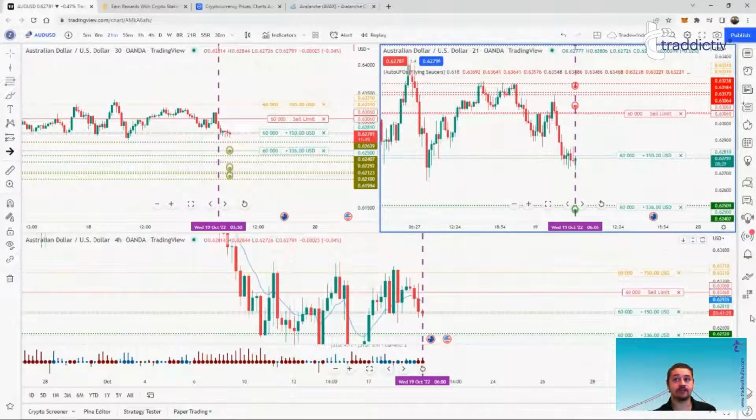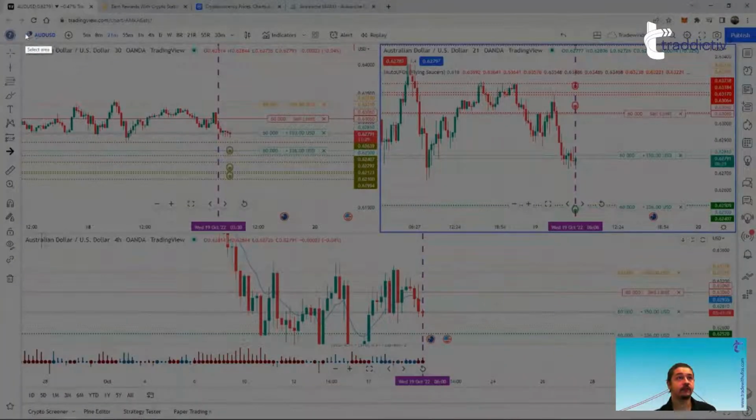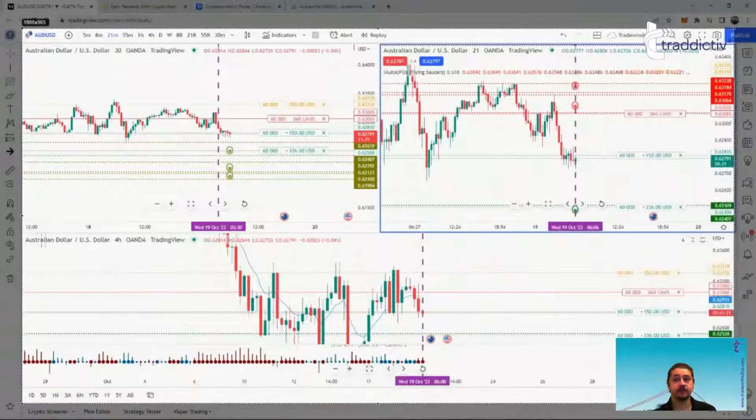Let's go ahead and take a screenshot of it. This is 2022 1019. This is AUD USD. If I can actually type, the Aussie USD dollar 4-hour setup, and this is all the UFOs.